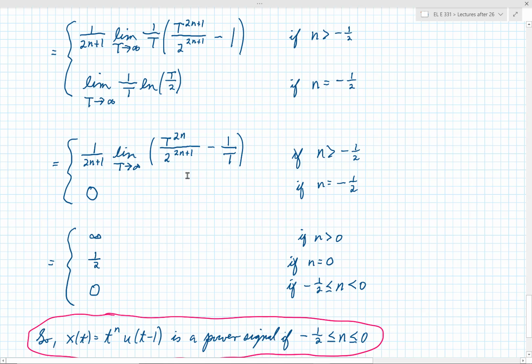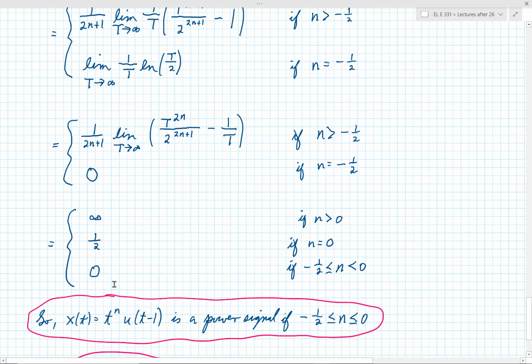But on the other hand, if 2n is less than 0, which means n is less than 0, then we would get infinity raised to a negative power, which would be 0. So we'd have 0 here and 0 there, and we would get 0. And that's if n is negative.